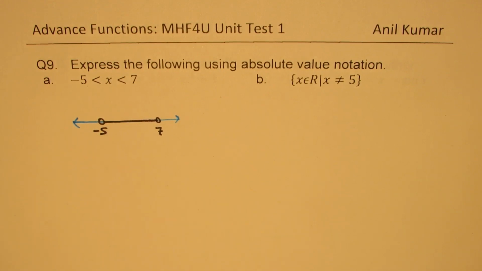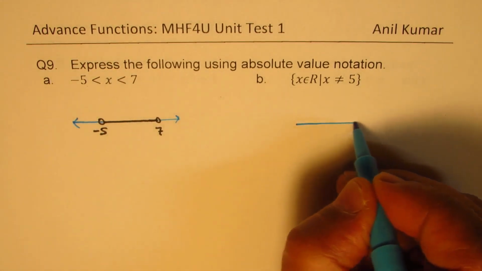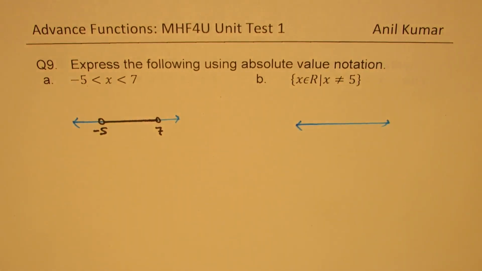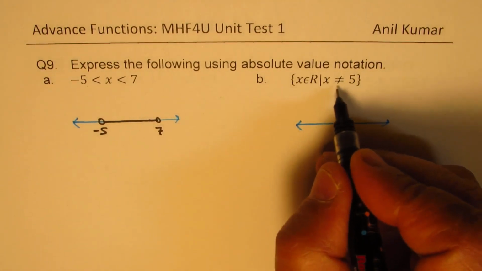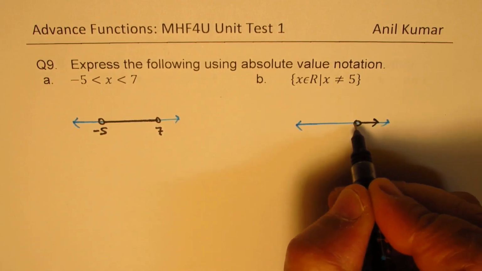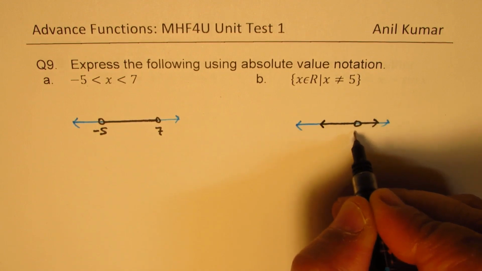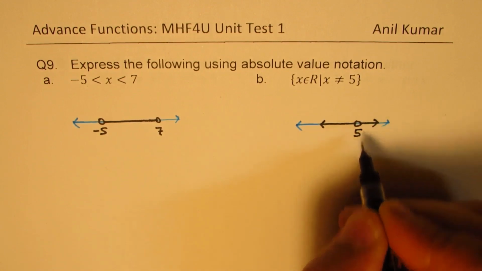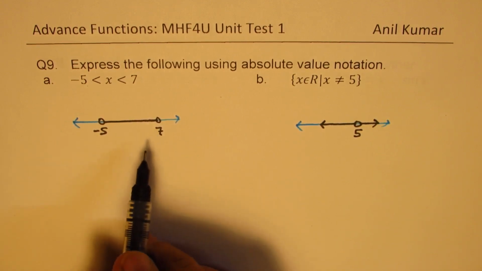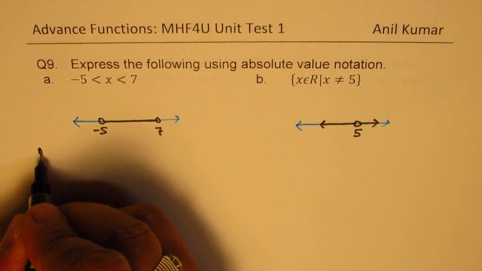Think about it. The other one here on a number line, we are saying x is everything except for 5. So that's the value 5, and all other values are the solutions. So except for 5. How will you write this as an absolute value function? Well, the method here is first to find the midpoint.